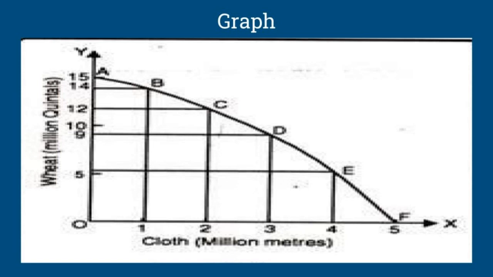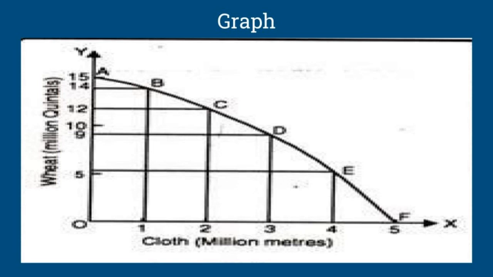At point D, 3 units of good X, that is cloth, and 9 units of good Y, that is wheat, are being produced. So now moving in this trend, as we come to point F that lies on the X axis, here all the resources are being utilized for the production of cloth only, which results in the production of 5 units of cloth and 0 units of wheat.